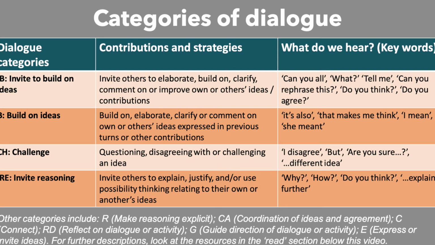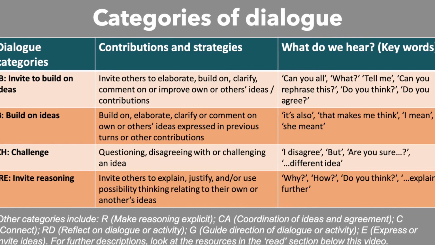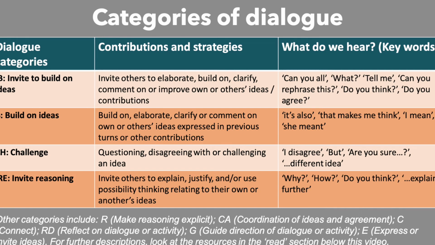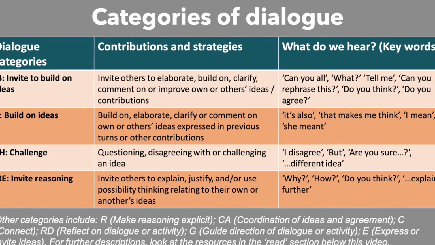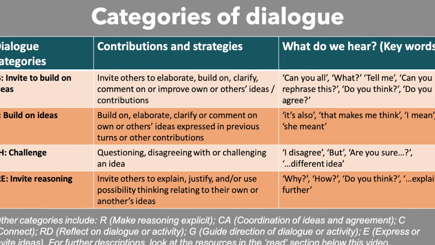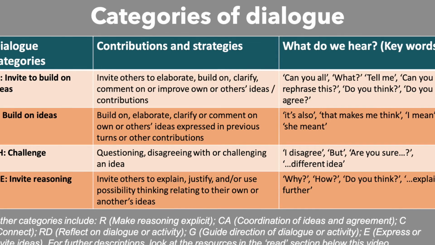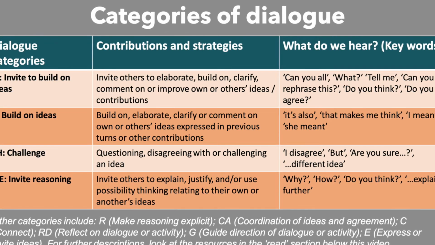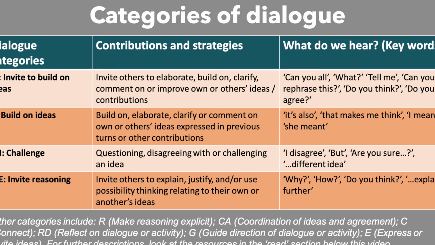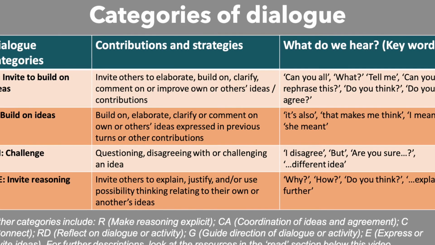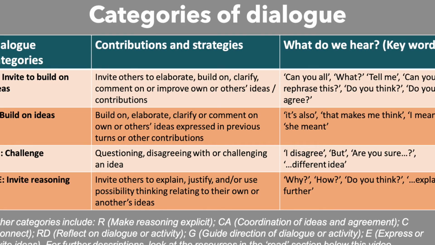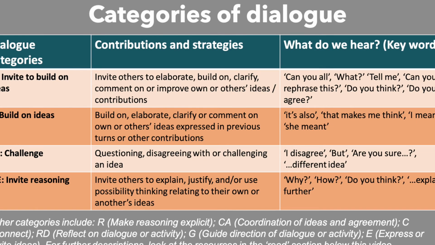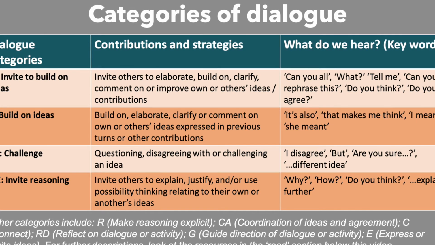The third category that you'll see here is challenge, which would be questioning, disagreeing with, or challenging an idea. And some keywords that might signal this category is being used include the phrases, I disagree, and I have a different idea.